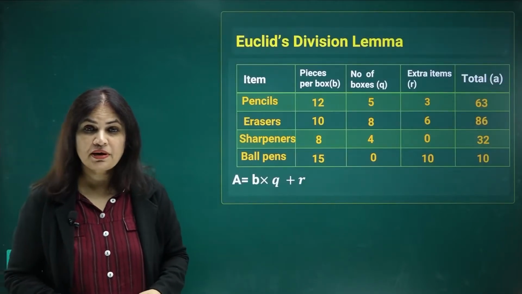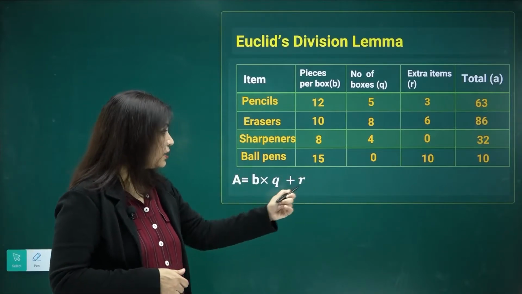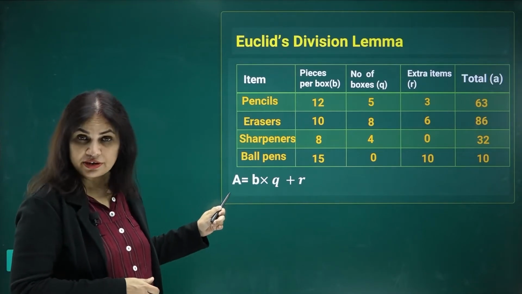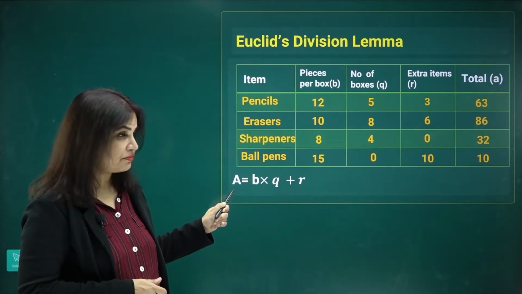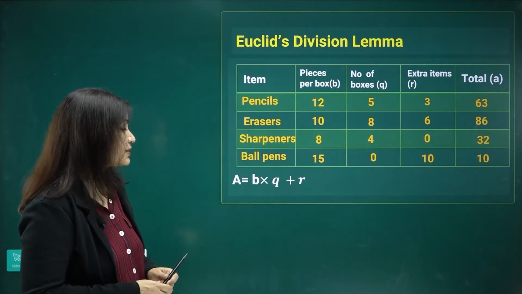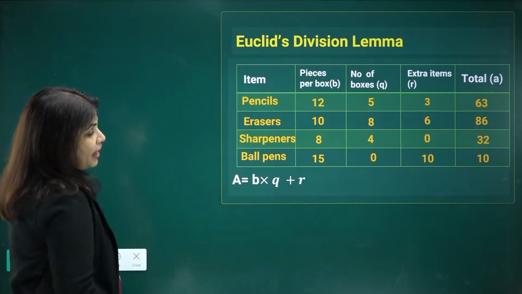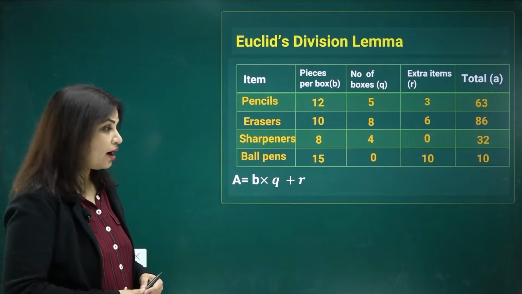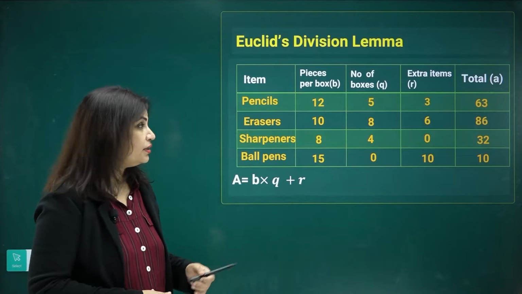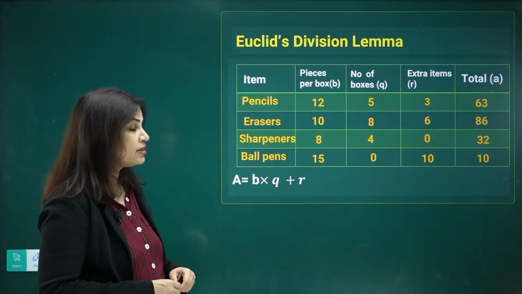So this is my Euclid's division lemma, which is derived like this. And what does it state? That any real positive number A can be broken up as B into Q plus R, where B, as per this example, is the number of items per box, Q is the number of boxes, and R is the leftover.